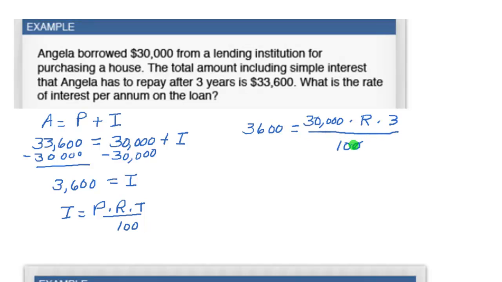I'm going to reduce that 100. So I have 300 times 3 times R. 300 times 3 is 900. So 900 times the rate has to equal 3,600. What number do you multiply times 900 to get 3,600? If you said 4, you are right. So the rate is 4%.